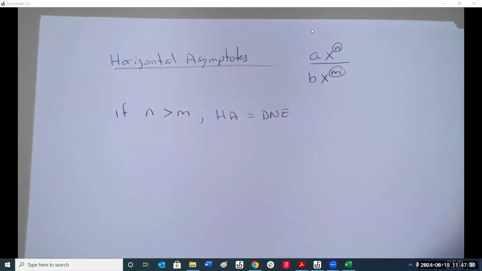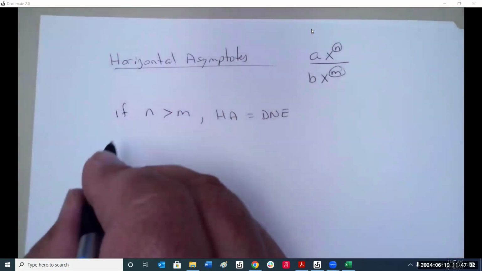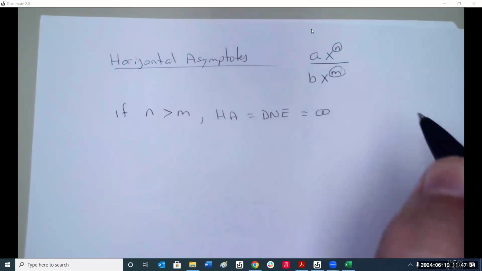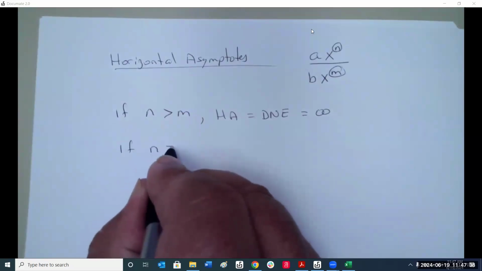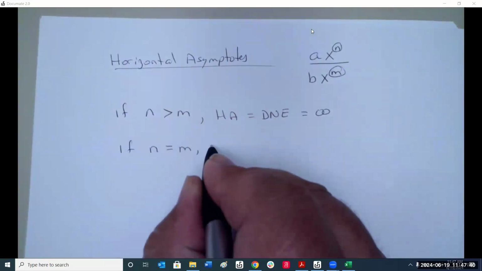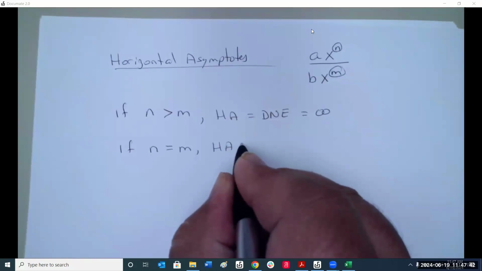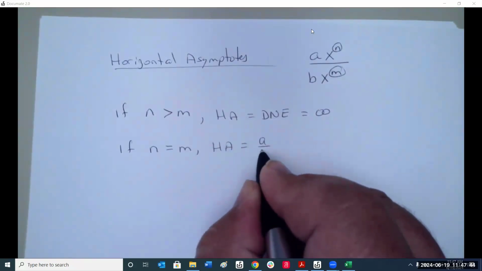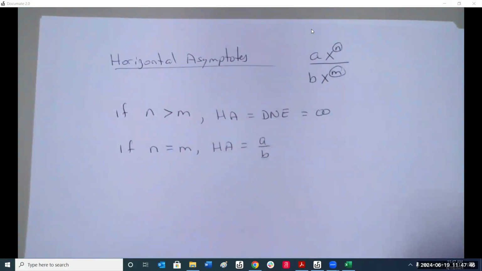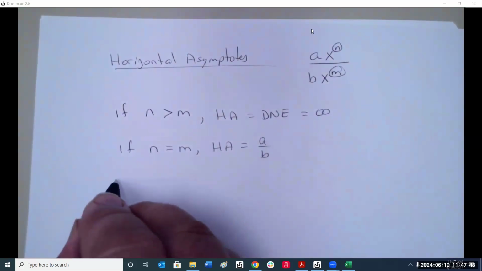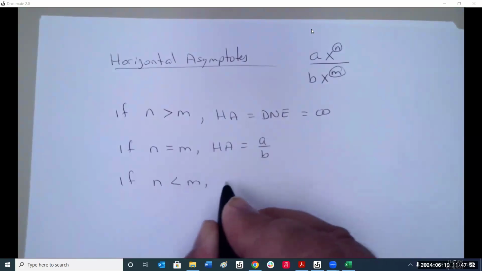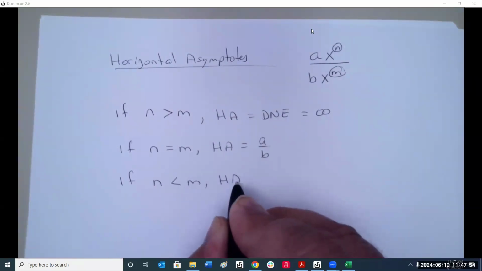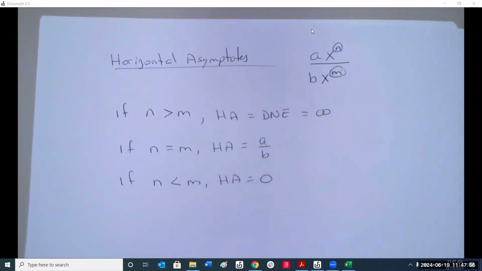It goes to infinity. If the degree of the numerator equals the degree of the bottom, then the horizontal asymptote is the ratio of the coefficients of numerator and denominator. If the degree of the numerator is less than the degree of the denominator, then it's the x-axis.